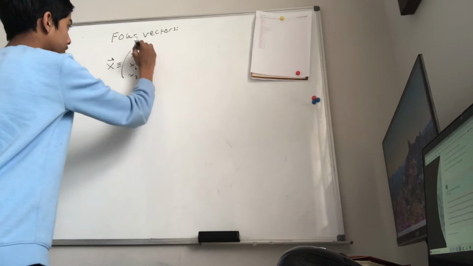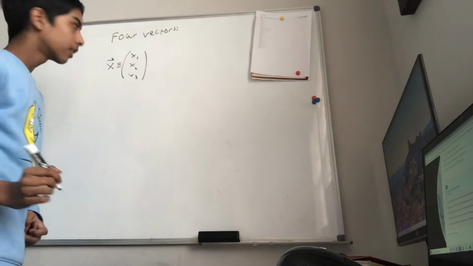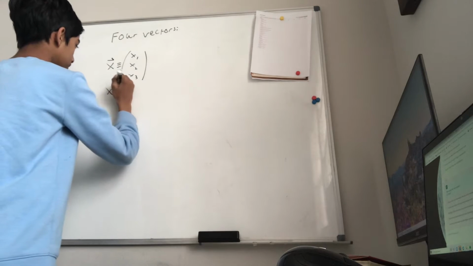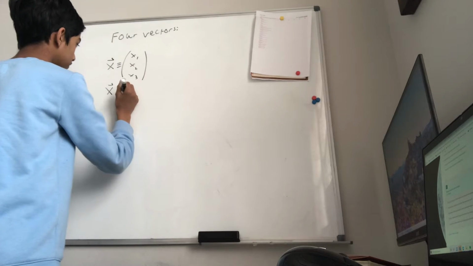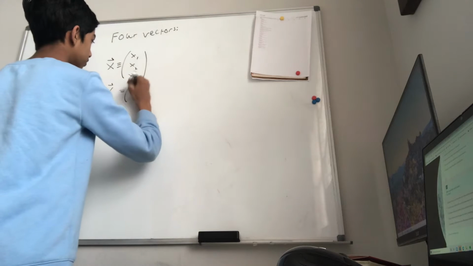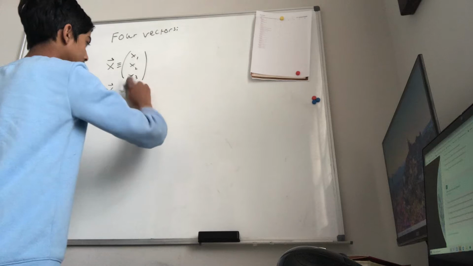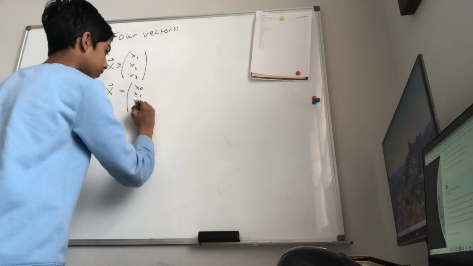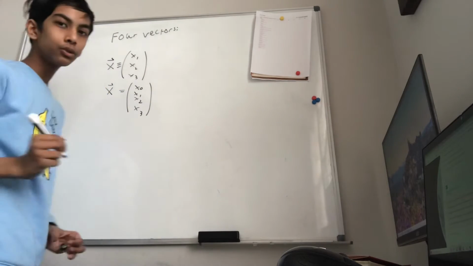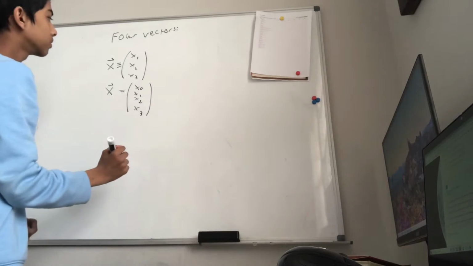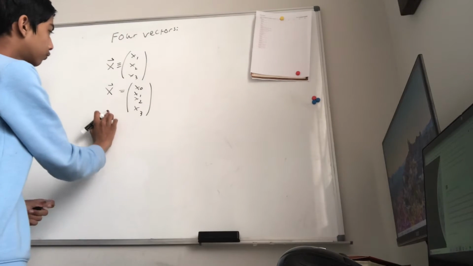Of course, this is x, y, and z. Whereas with 4 vectors, let's call it x, which is equal to x0, x1, x2, x3.